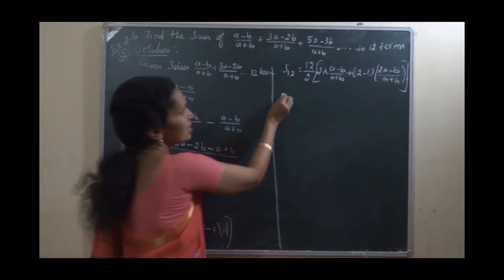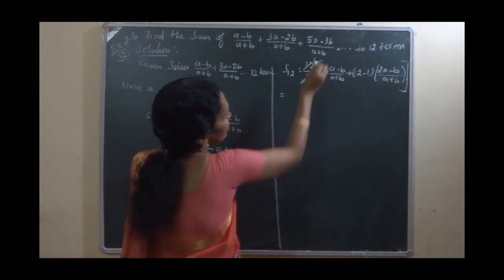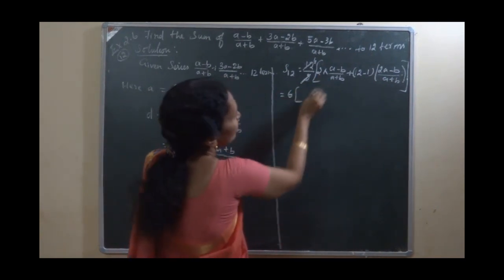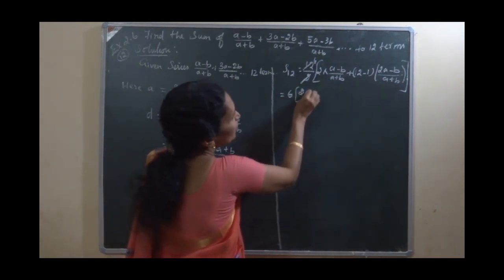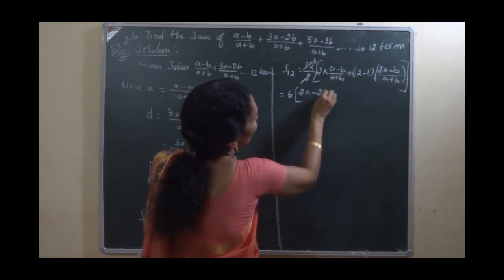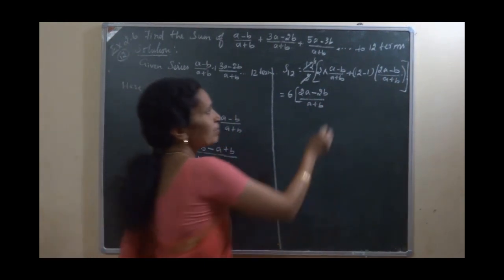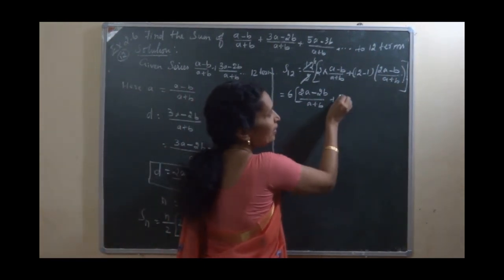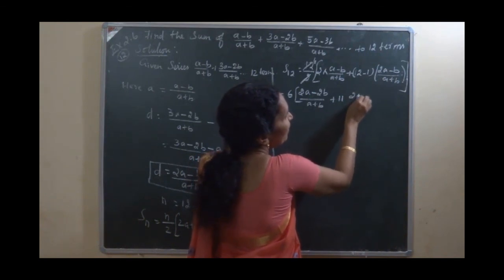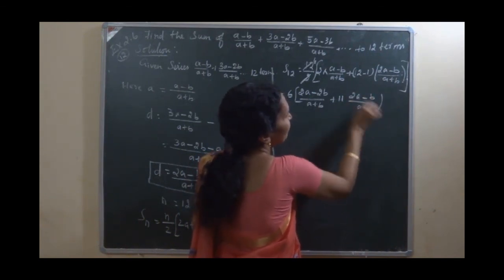This is equal to 12 by 2, 6, into 2 into a, 2a, 2 into b, 2b by a plus b, plus 11 into 2a minus b by a plus b.